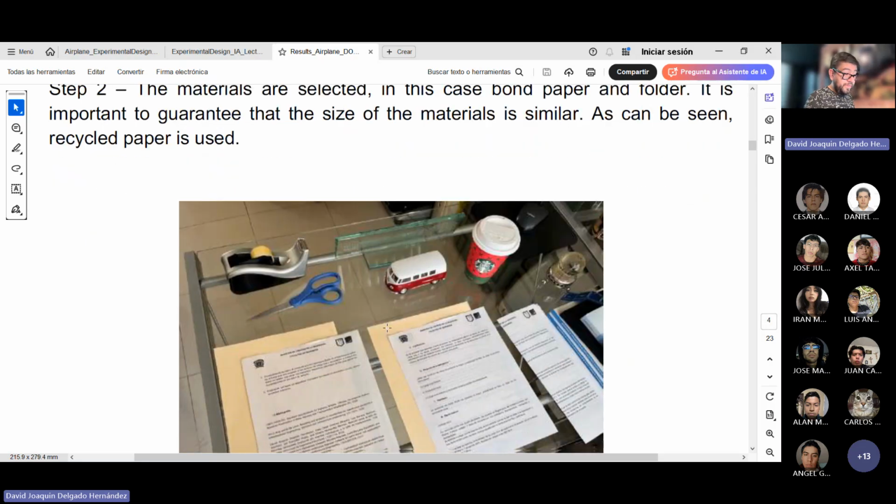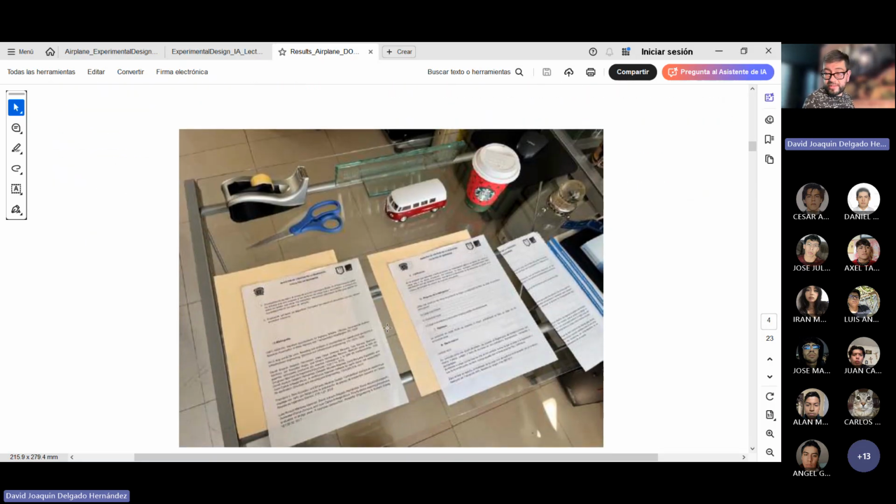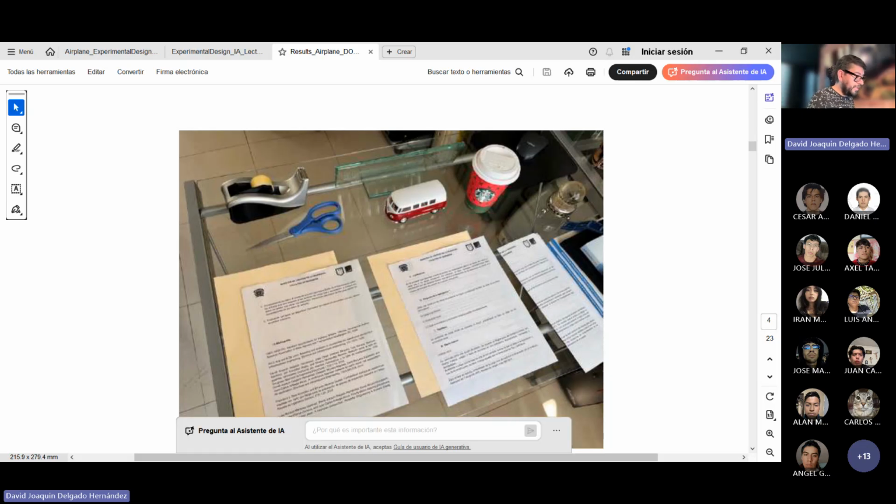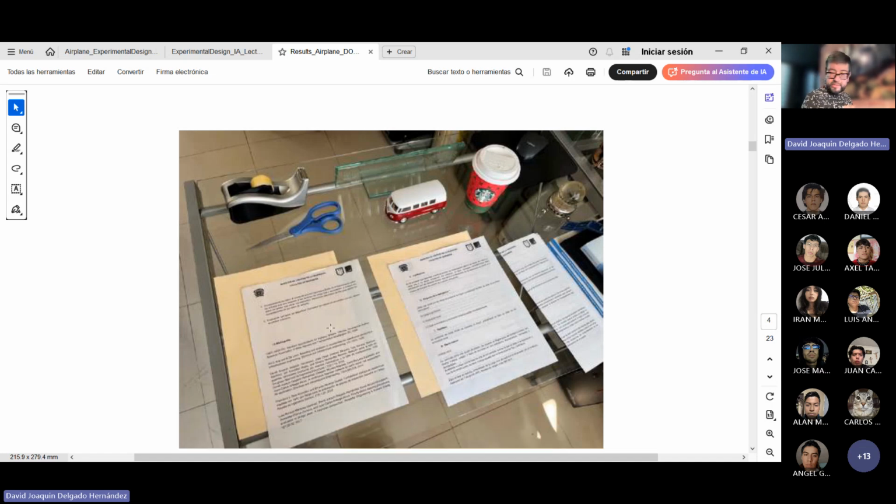I used in the office, in my office in the university. I went and I took these materials. I use recycled paper in order to save the planet. Okay, and the yellow thing is the folder, and this white thing with some printing. These are bond paper. Okay, exactly the same bond paper.